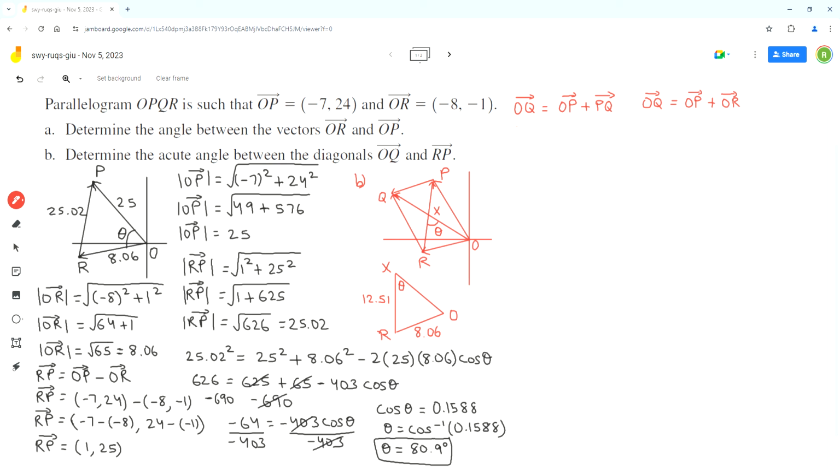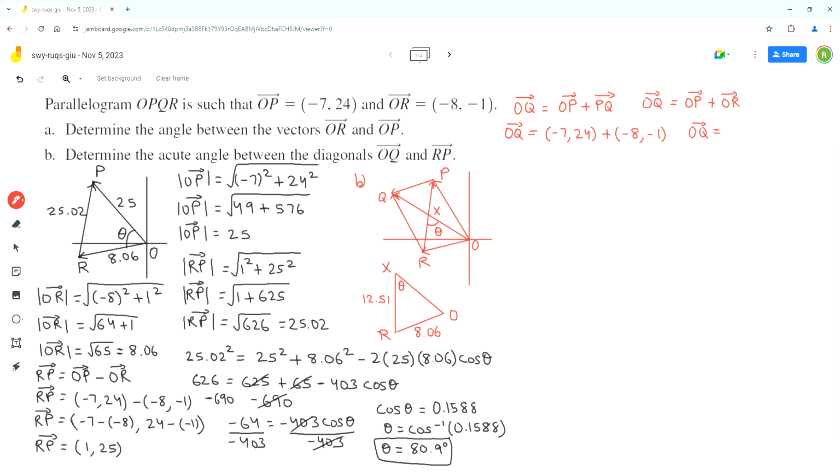And now we can add these two vectors. So we can add their x and y components.